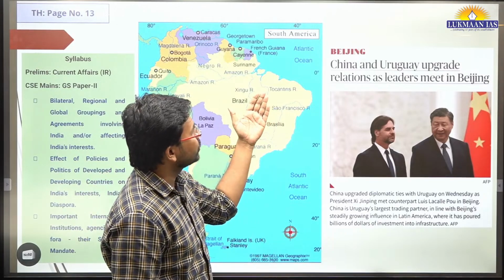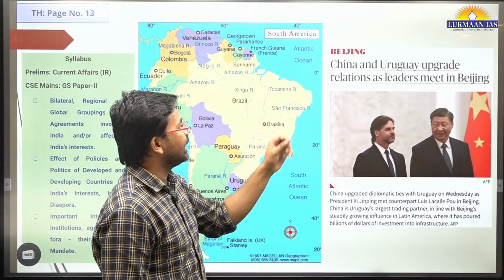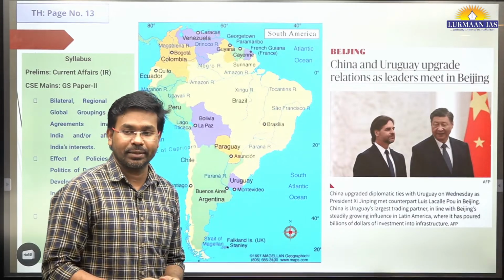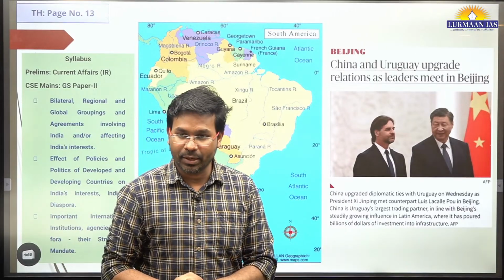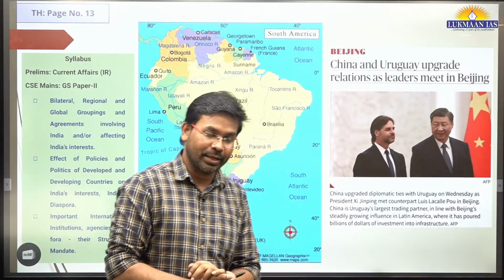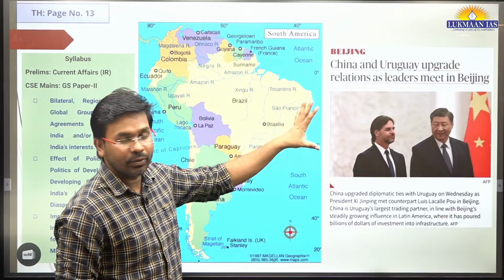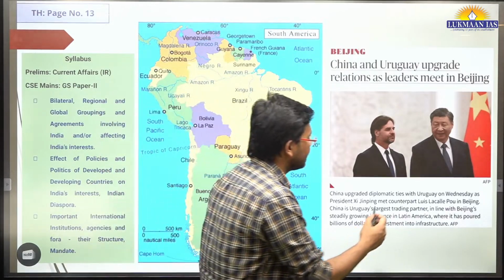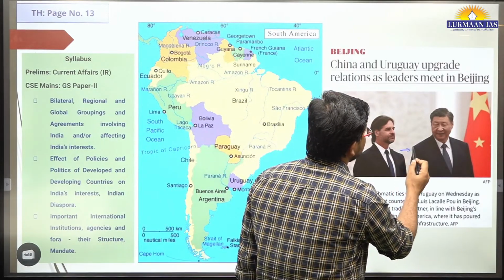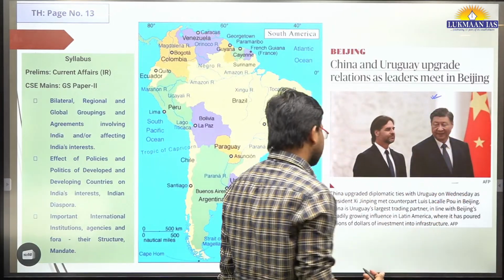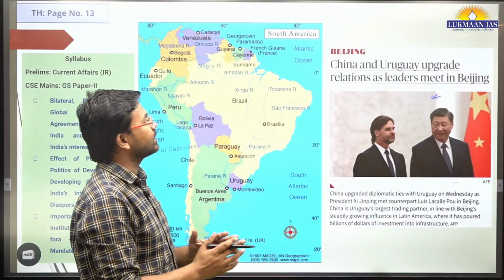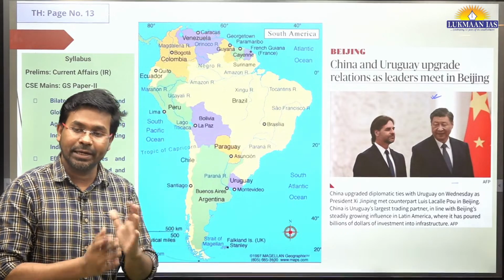This says China and Uruguay upgrade relations as leaders meet in Beijing, right? So Uruguay is a country in South America, also known as Latin America. The leader from Latin America has visited Beijing, China, and met with the president of China, Mr. Xi Jinping, and they have thought of upgrading their relationship.